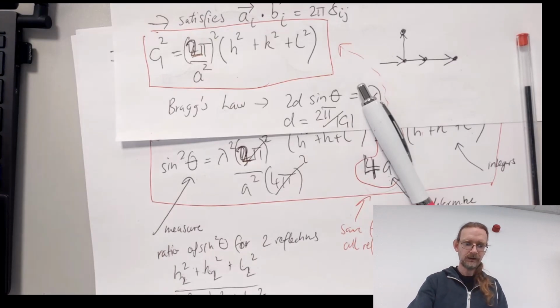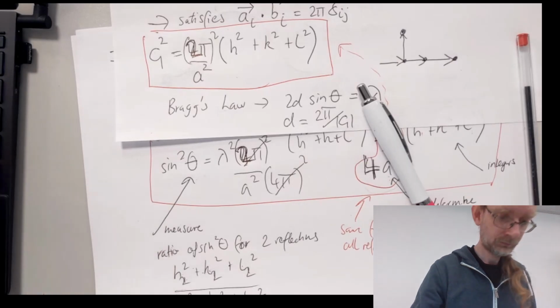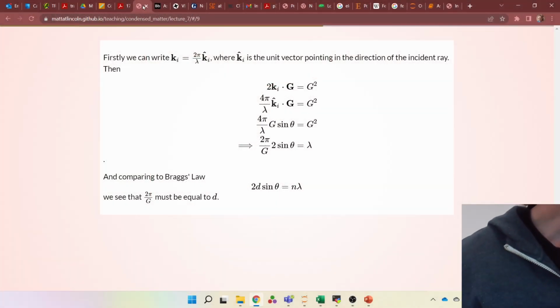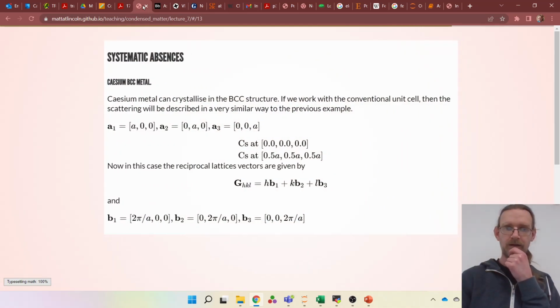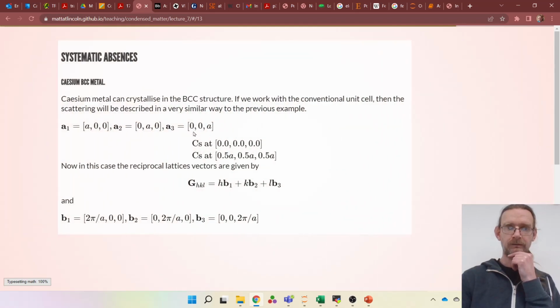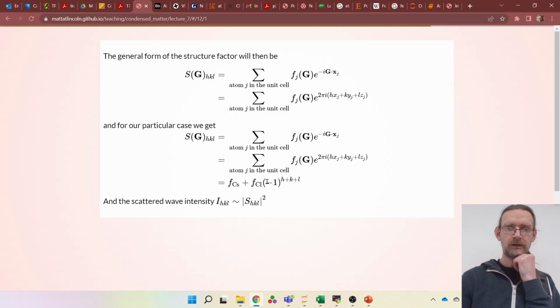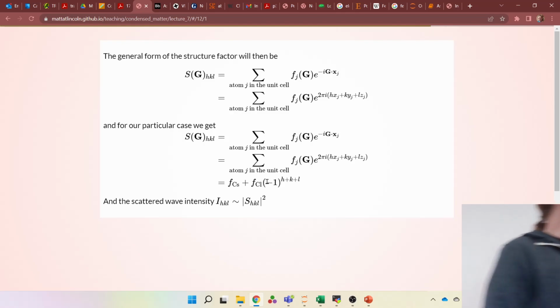Final steps. For these selection rules, we had, for the primitive cubic structure, which is the one I should have started with, all of the reflections allowed.